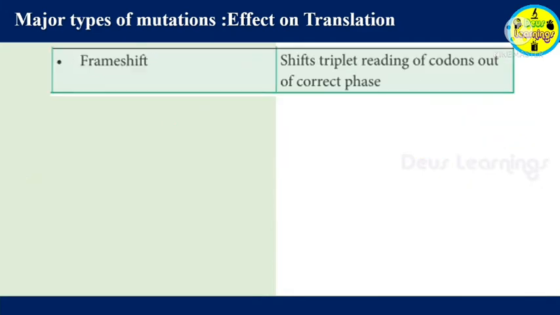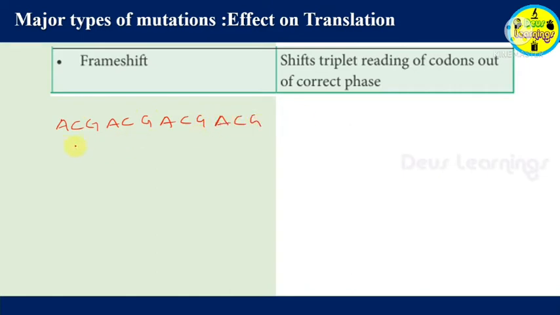Okay, then frameshift. So in frameshift mutation, there is a change in the sequence or the frame, right? For example, if we have a sequence ACG, ACG and ACG and then ACG and so on.